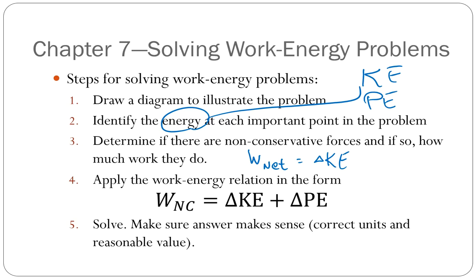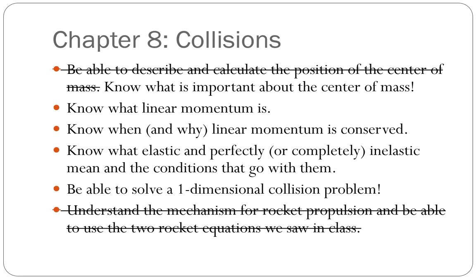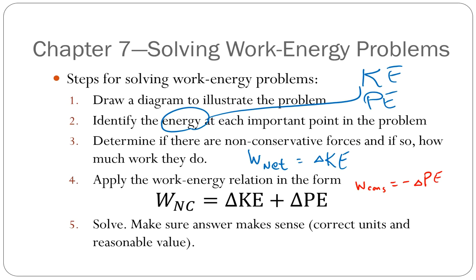The potential energy is actually defined as work conservative equals minus the change in potential energy. Since net work would be work non-conservative plus work conservative, replacing work conservative with minus change in potential energy gives you the relationship: work non-conservative is change in kinetic plus change in potential. So the blue equation and the black one are exactly equivalent given the definition in red.